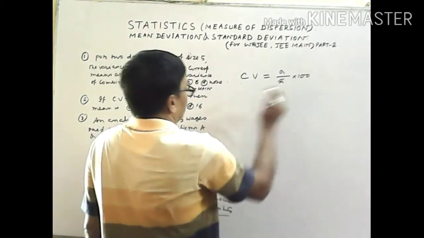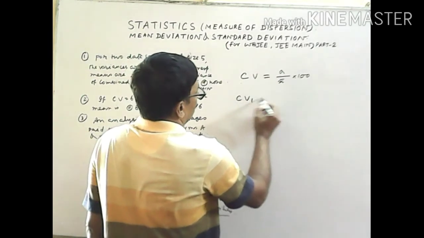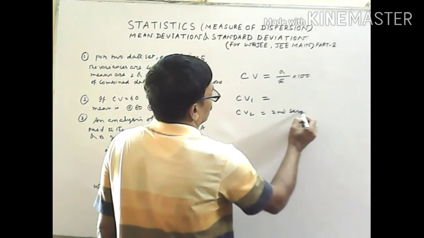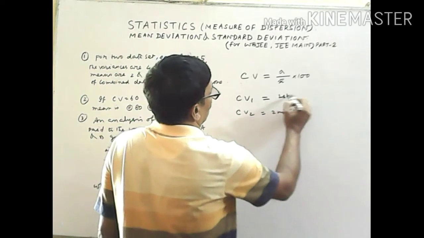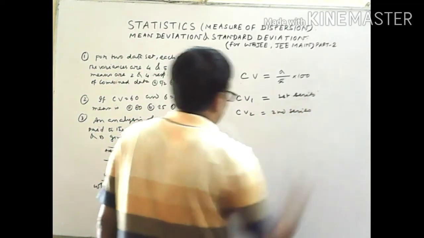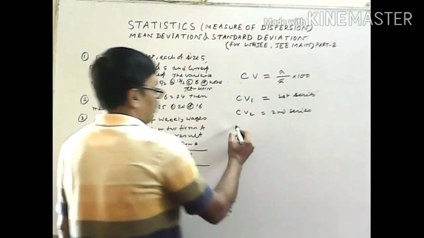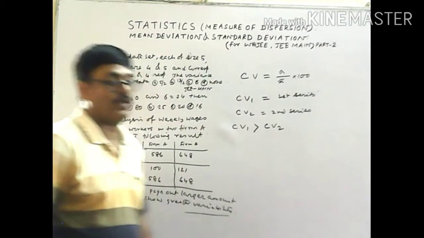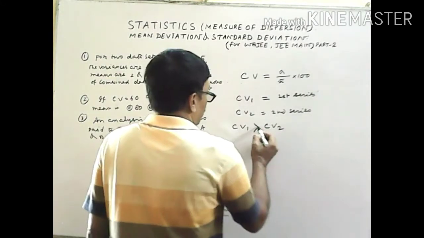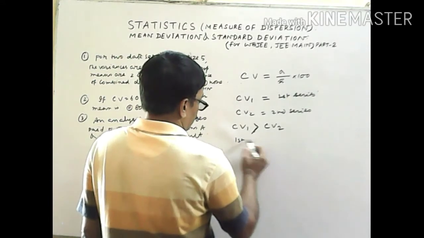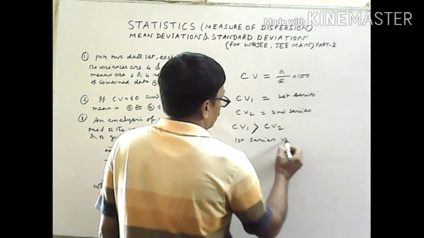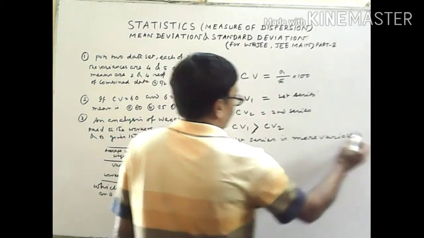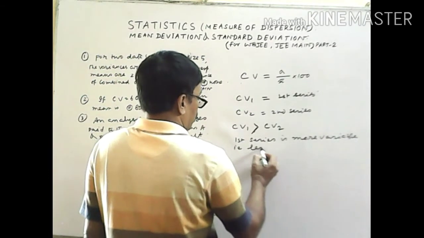Suppose we have two series. We calculate CV1 of the first series and CV2 of the second series. If CV1 is greater than CV2, then we say the first series is more variable, that is, less consistent.